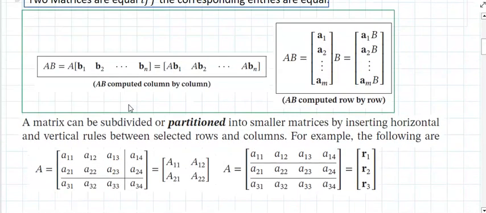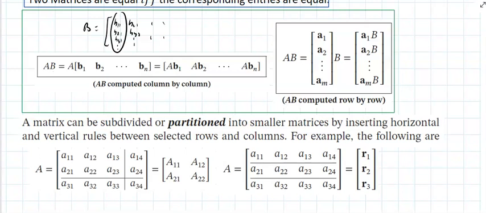Now, this is something that comes up in a lot of theorems we're going to get used to. For AB, we could think of B as columns, so we call this vector B1, we call this vector B2, all the way to vector Bn. And when you multiply those, you simply multiply A by each.